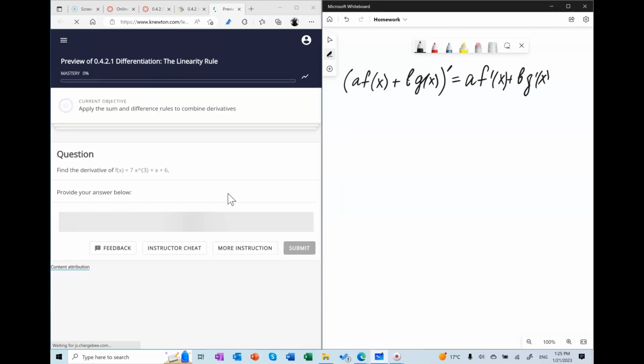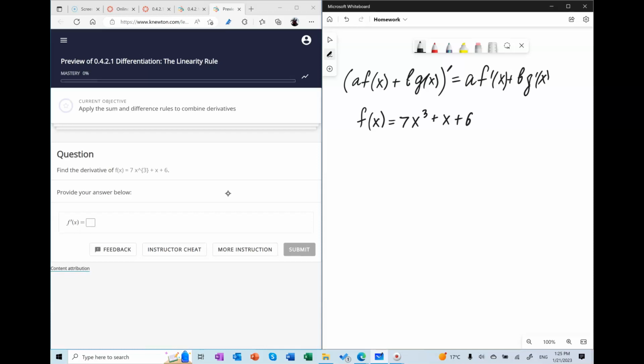All right, so here's the function, and it's a polynomial function. To find its derivative means this, but we're going to use the linearity property, so it's going to be the same as this.